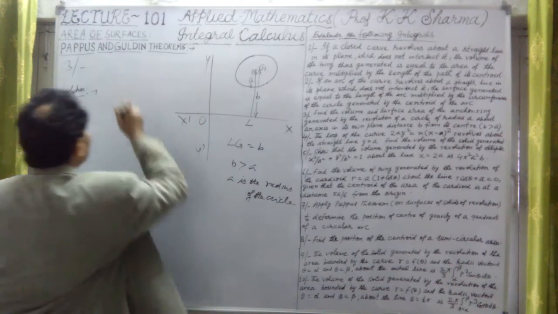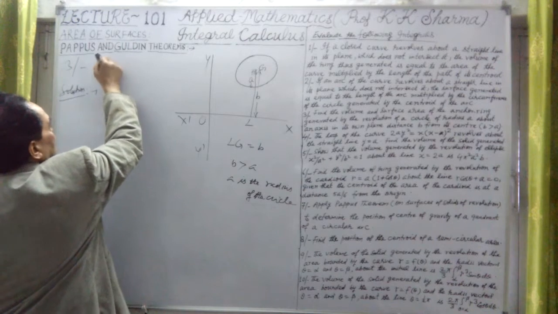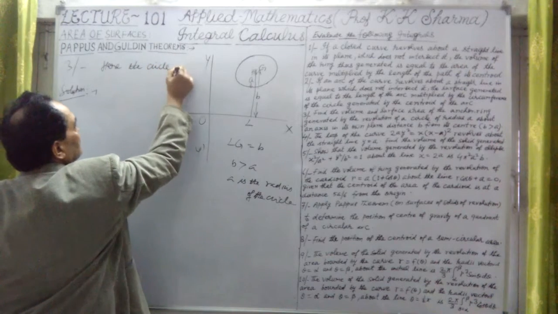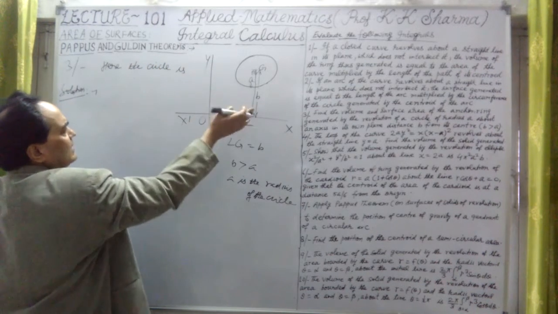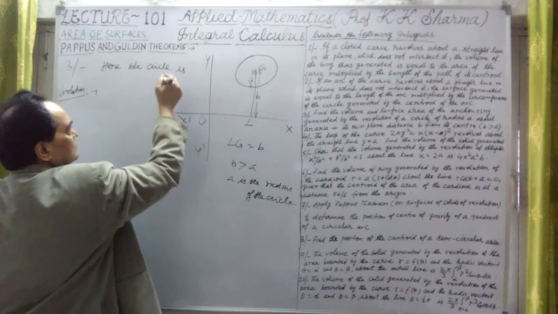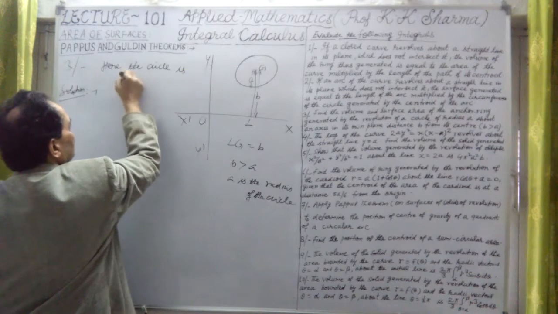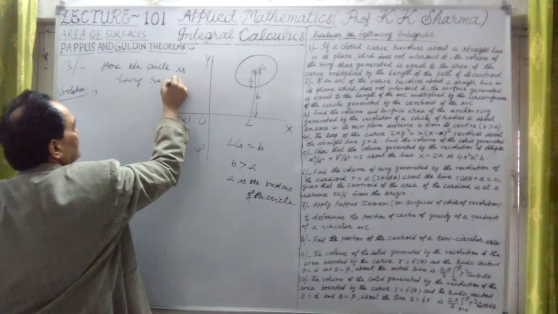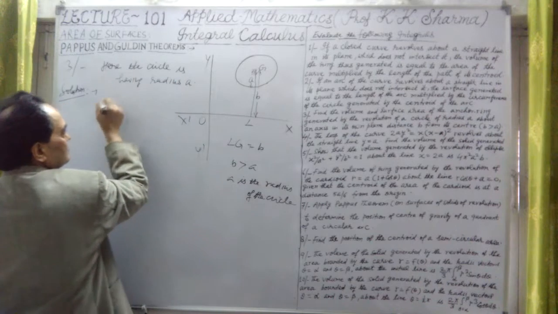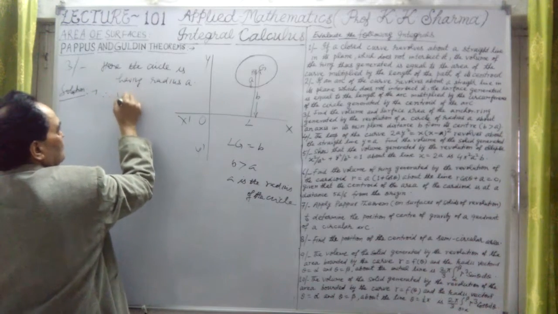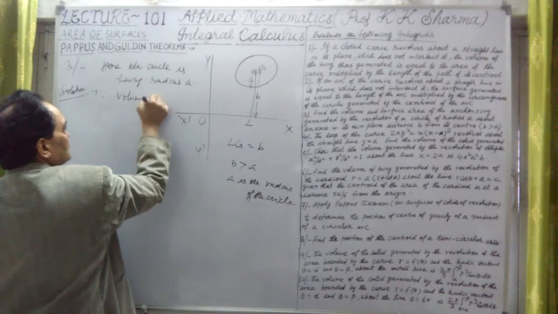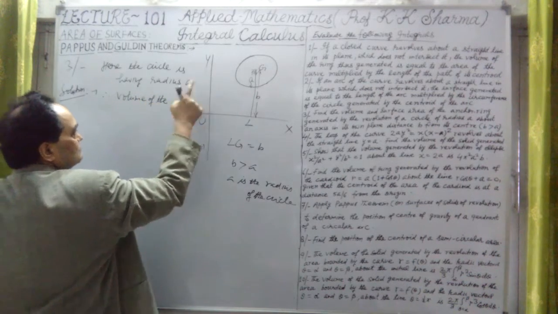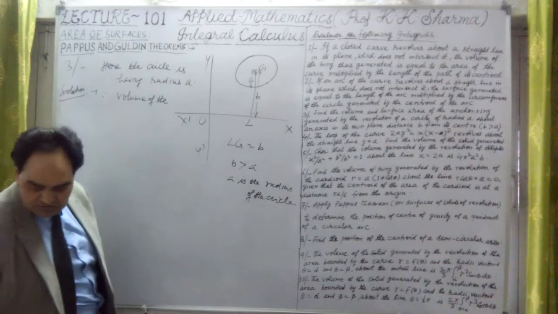The circle is x squared plus y squared, having radius a. First, let me find the area of the circle.